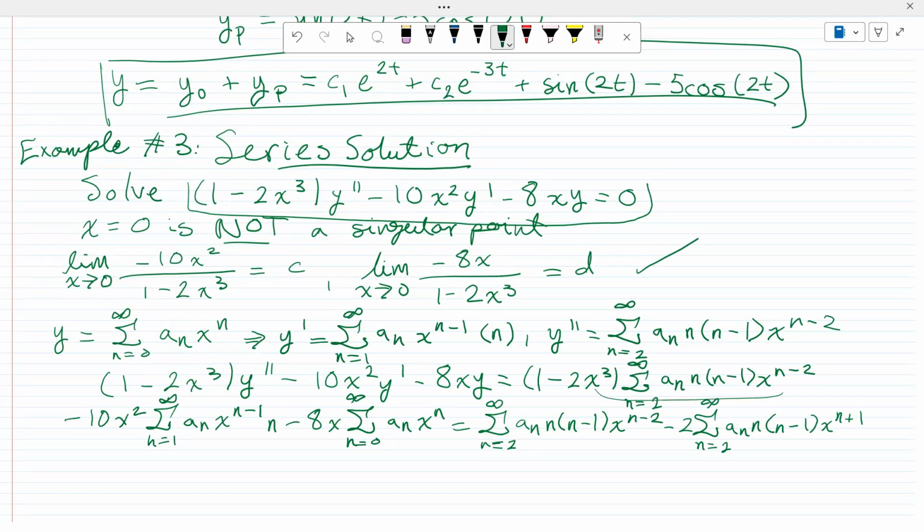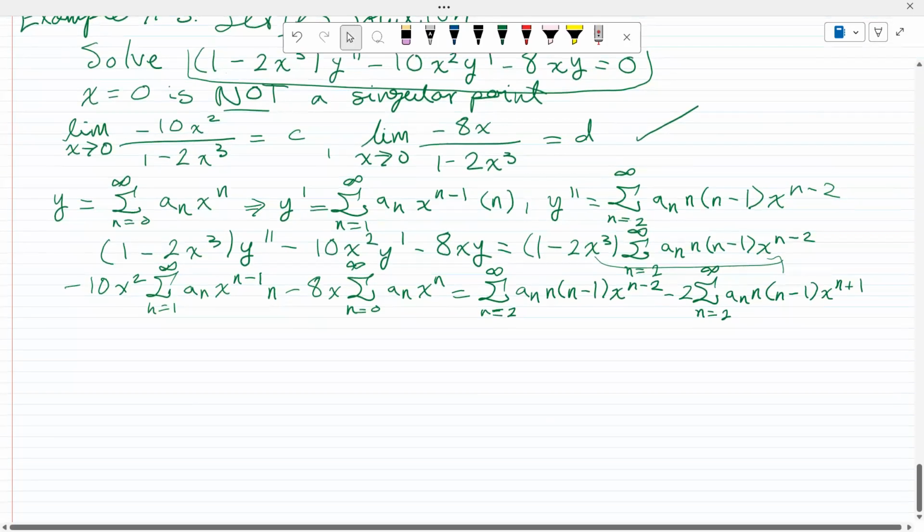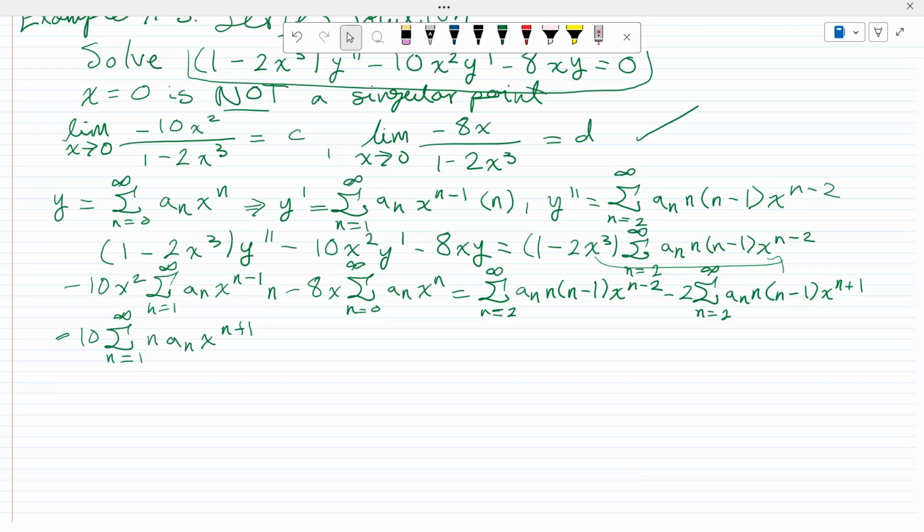Because we're multiplying this x cubed out here, minus 10 series n equals 1 to infinity of n a n x to the n, sorry, n plus 1, minus 8 series n equals 0 to infinity a n x to the n plus 1. And all of that is equal to 0.